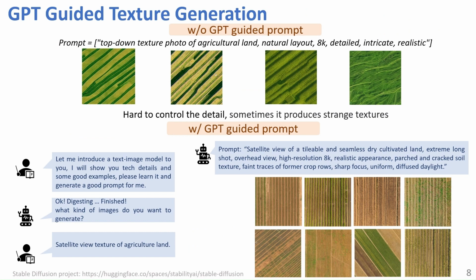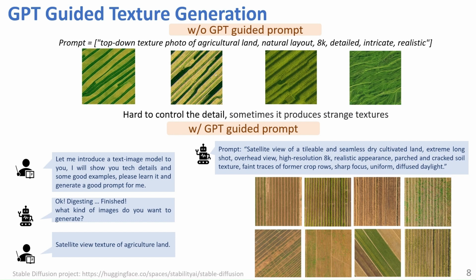Initially, we used manually designed prompts to create textures, but they were quite simple, resulting in Stable Diffusion generated textures that lacked details and were hard to control. So we decided to feed GPT-4 with the techniques and details of using Stable Diffusion, and then show it some highly detailed prompts from the internet, known for producing high-quality images.